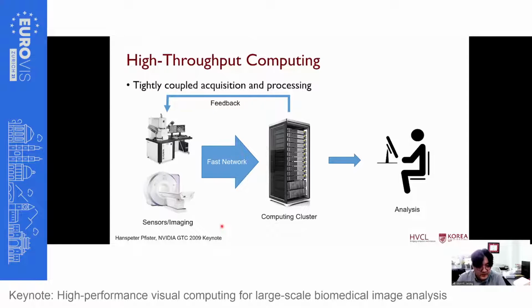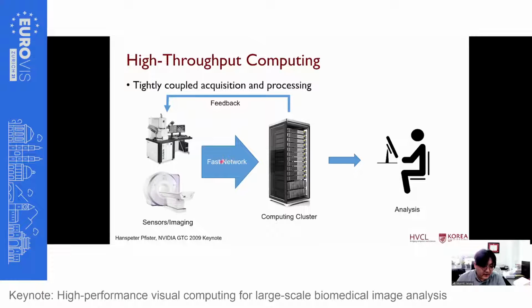High throughput computing basically tries to use high performance computing in the middle between the sensors or imaging device and the human, so that raw data are not delivered to the human, but are pre-processed so that only important information will be delivered to the final observer.